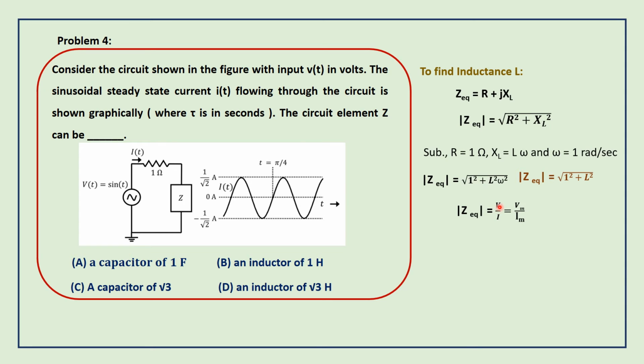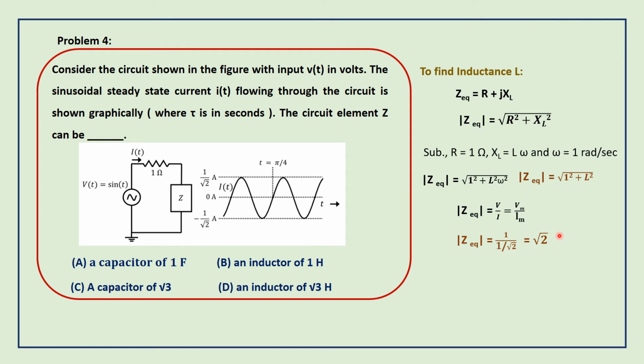RMS voltage is Vm by root 2 and RMS current is Im by root 2, so the root 2 and root 2 get cancelled, and again it is the ratio of maximum voltage and maximum current. From the waveform, maximum voltage is 1 volt and maximum current is 1 by root 2 amps. So this ratio becomes 1 divided by 1 by root 2, which is equal to root 2.